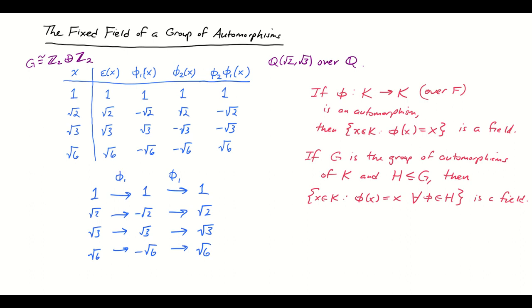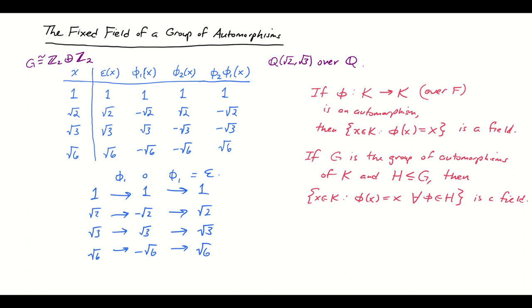So we see here that composing phi 1 with itself gives an automorphism which takes every basis element to itself, which means it's really the identity automorphism. In other words, phi 1 composed with itself is the identity. We could tell that same story for phi 2 and for phi 2 composed with phi 1. So this is not a cyclic group of order 4, it is the other abelian group of order 4, which is Z2 plus Z2. It's a direct product.